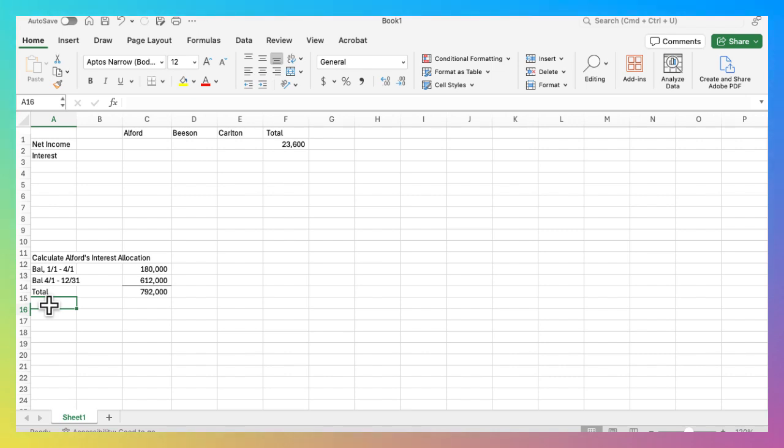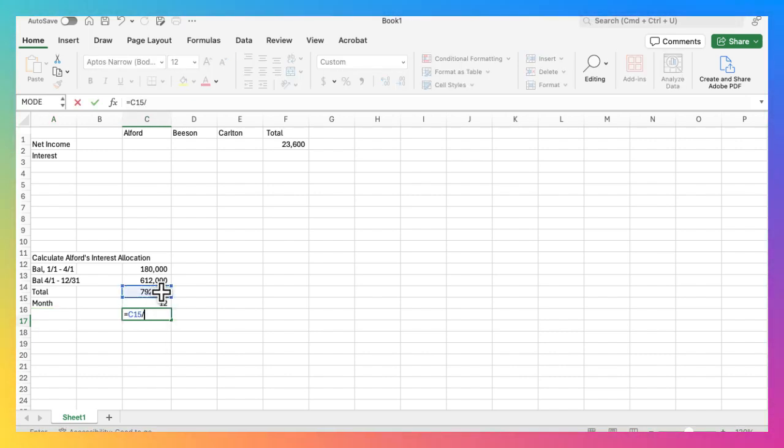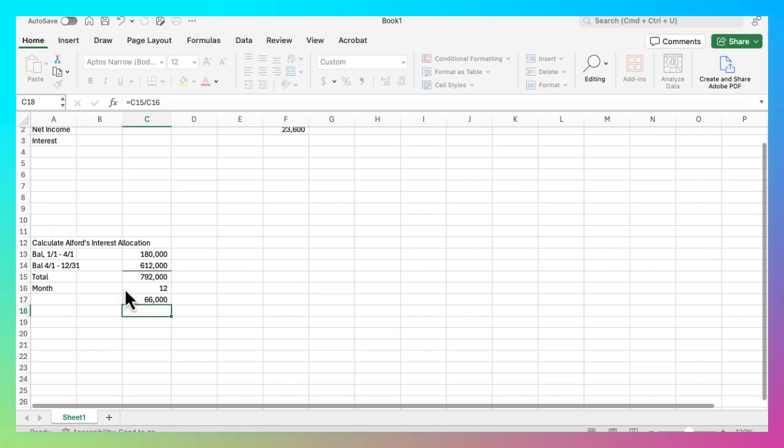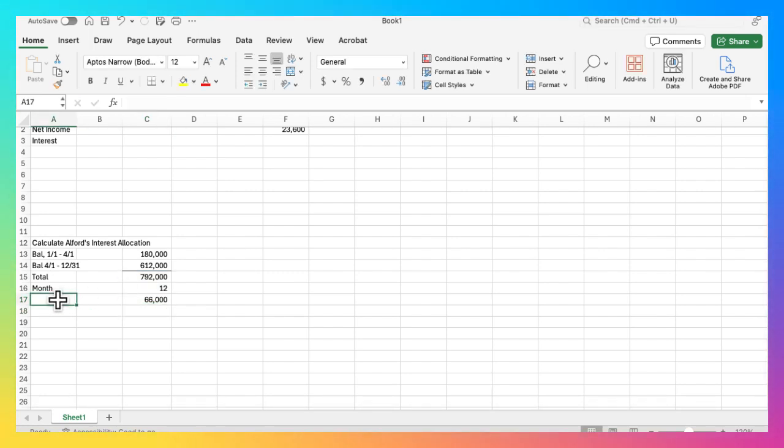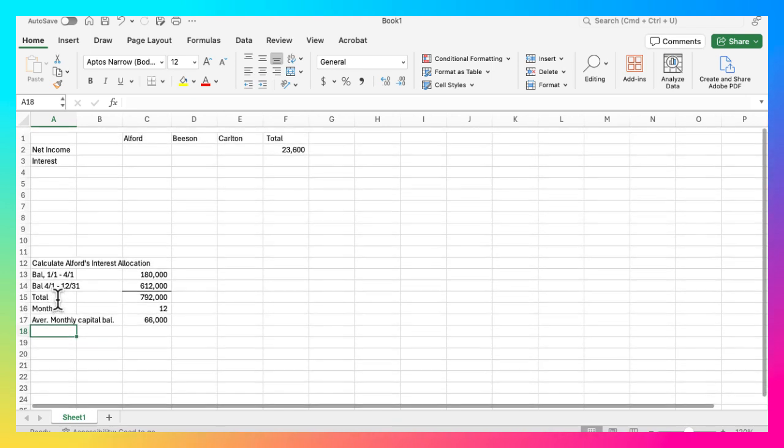So we take the total and divide it by 12 months, the number of months in a year. We get 66,000. That 66,000 represents the average monthly capital balance.